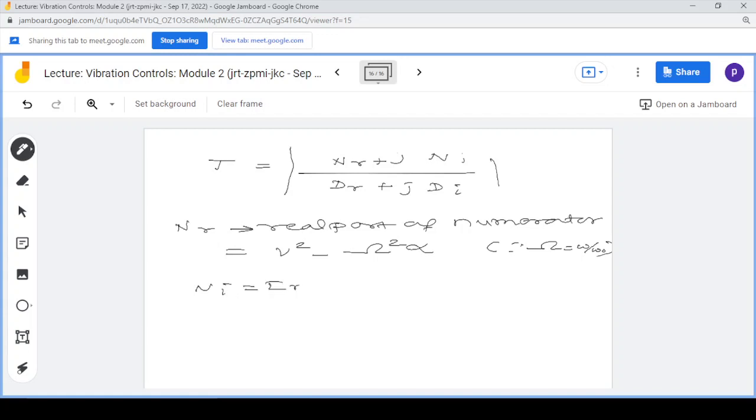Whereas what is Ni? It is the imaginary part of the numerator. It is equals to nu square into eta 2 omega. We know that this eta 2 omega is a non-dimensional loss factor, right?